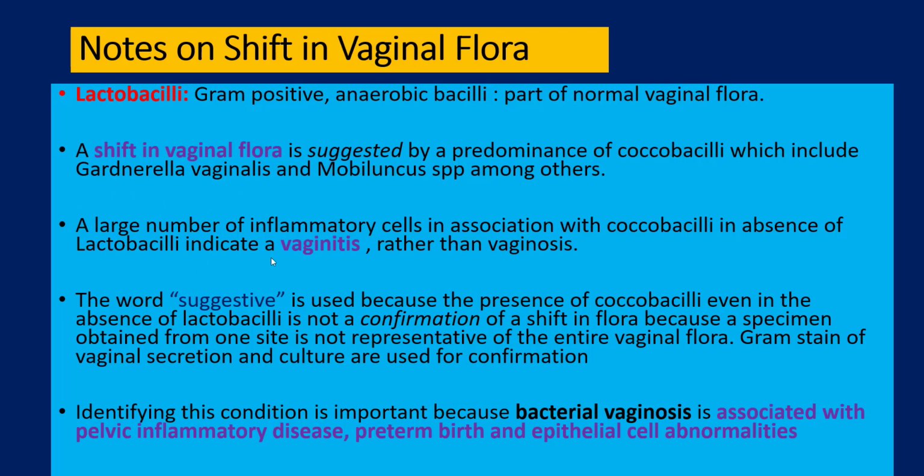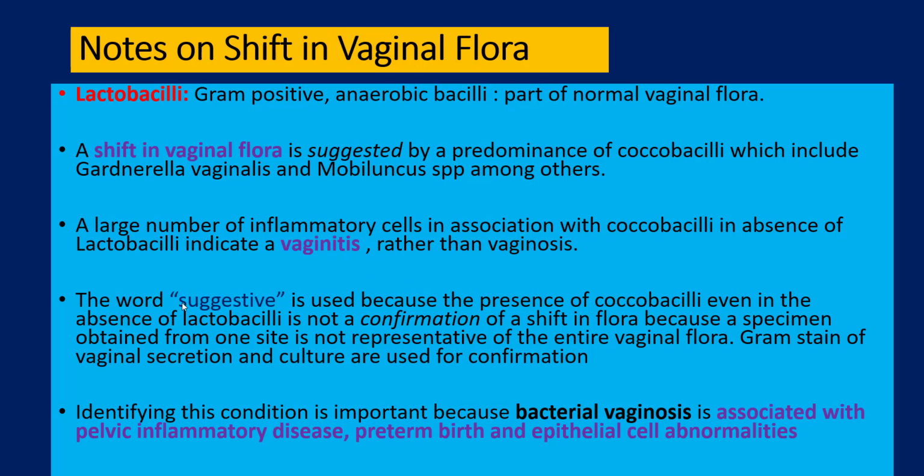Now, if there are a large number of inflammatory cells in association with coccobacilli, in absence of lactobacilli, it indicates a vaginitis rather than a vaginosis. So I think that is self-explanatory.